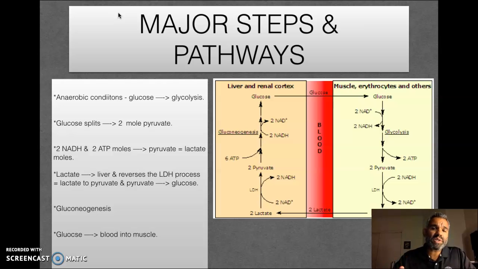And once glucose has been produced, it is now ready to go back into the bloodstream and be taken up into the muscle, so the muscle can then go ahead and repeat the cycle all over again.